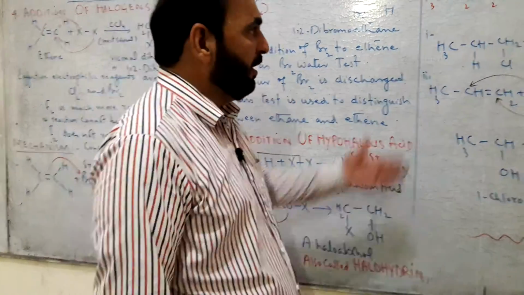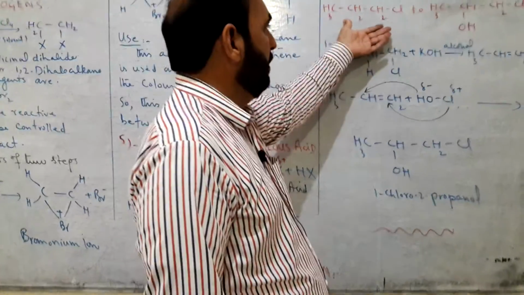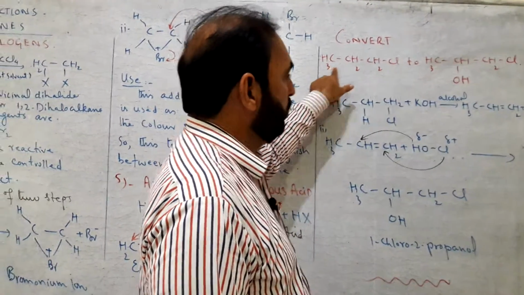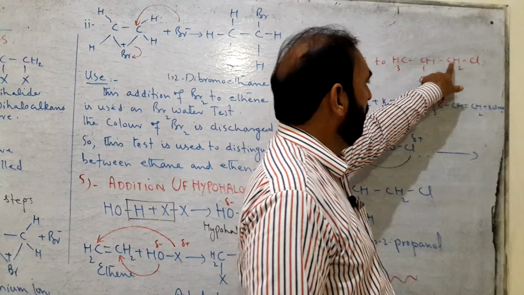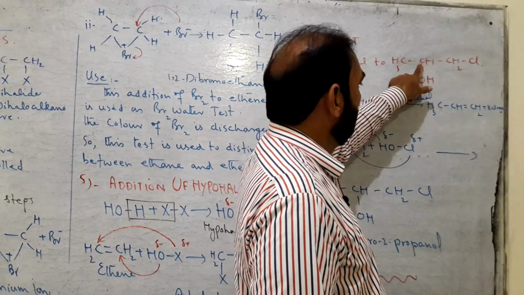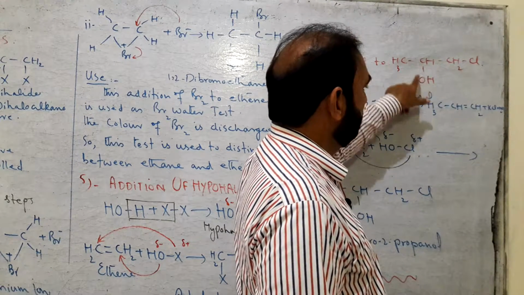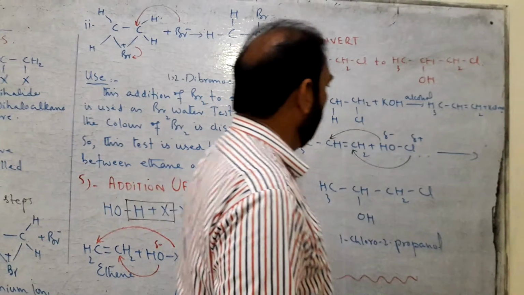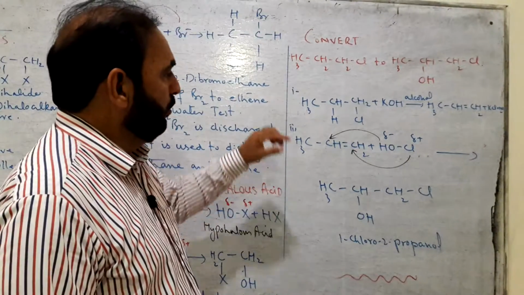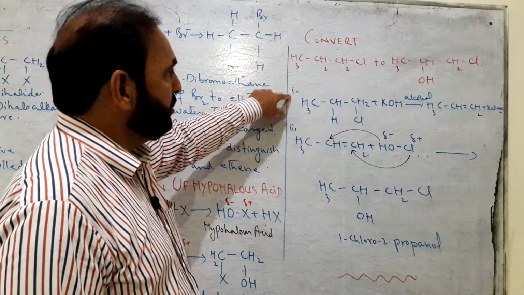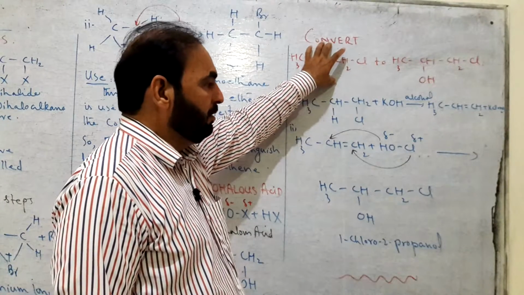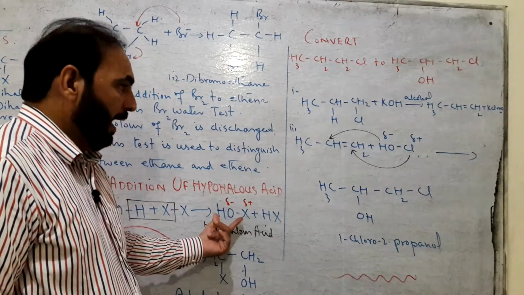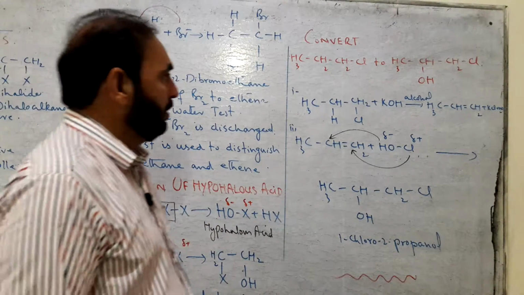For example, there is a very important conversion. Let's convert 1-chloropropane to 1-chloro-2-propanol. This is an alcohol with the OH group on the second carbon. So, first of all, we change this alkyl halide to an alkene because hypohalous acid has to be added to an alkene.